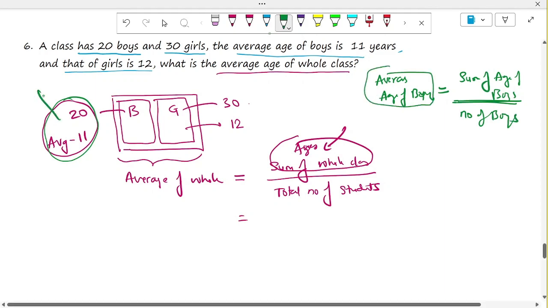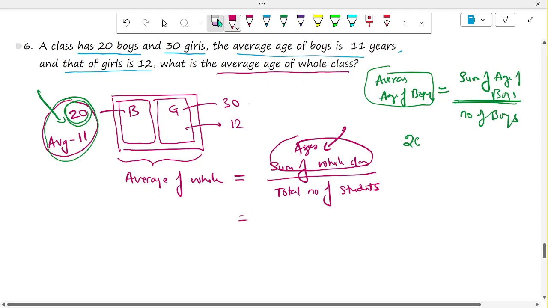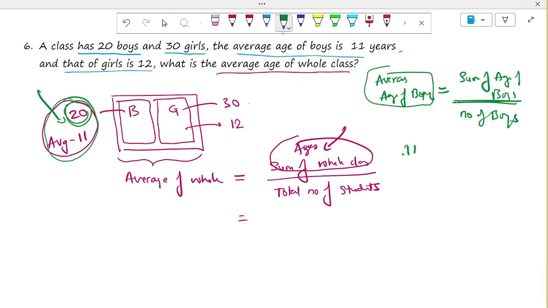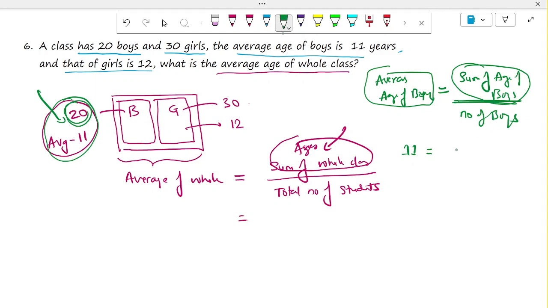But if you look at this part, they have given us the average. We have got 11 as the average, right? And the sum of the ages of boys, we do not know.